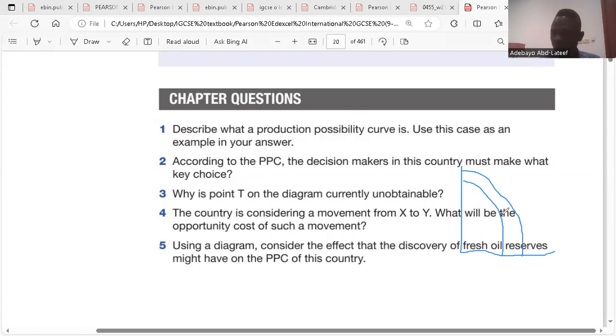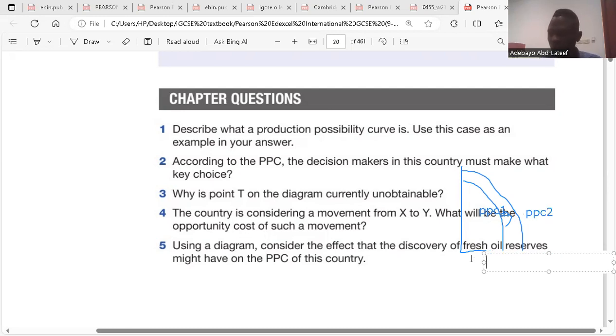So it will be shifting rightward now, from PPC 1 to PPC 2. So there will be an outward shift in the PPC curve.